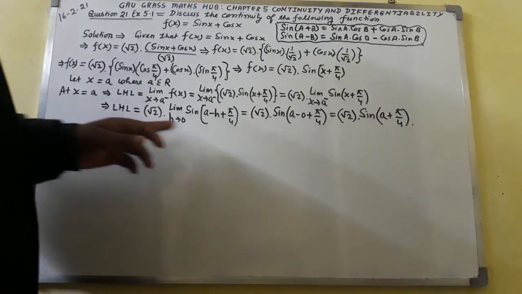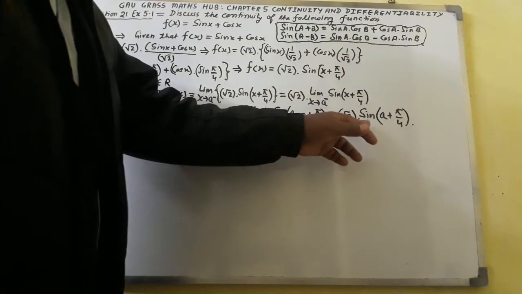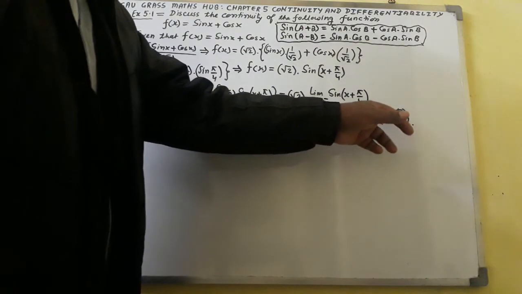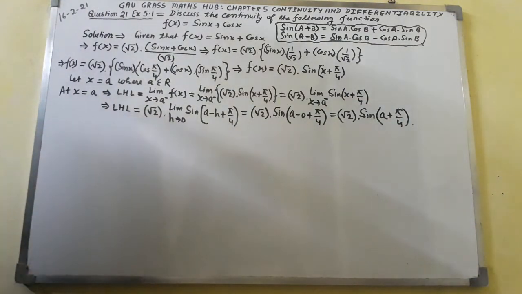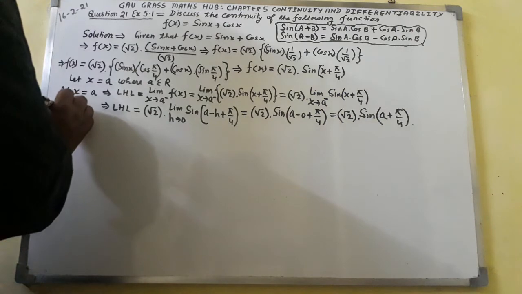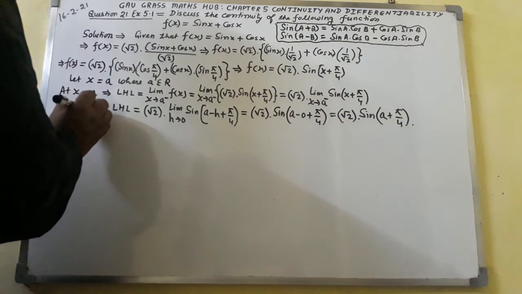This thing you have got. Left hand limit equal to under root 2 dot sin a plus pi by 4 bracket close. This thing you have got here at x equal to a.